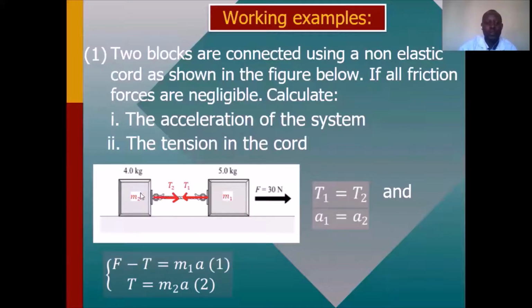On mass 2, we have only 1 force, the tension. So the tension force is equal to mass 2 times acceleration a. So we have 2 equations. We are going to sum these 2 equations to get one equation to represent the system.